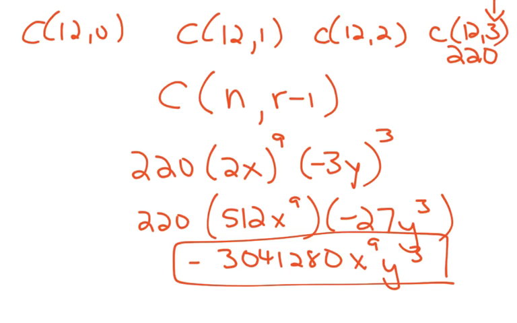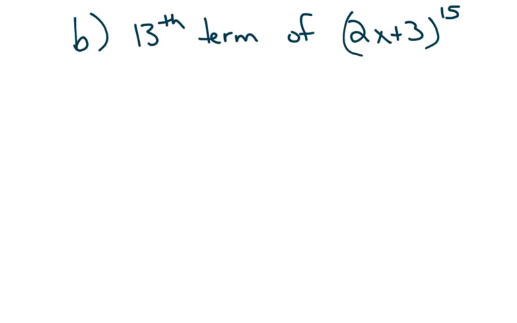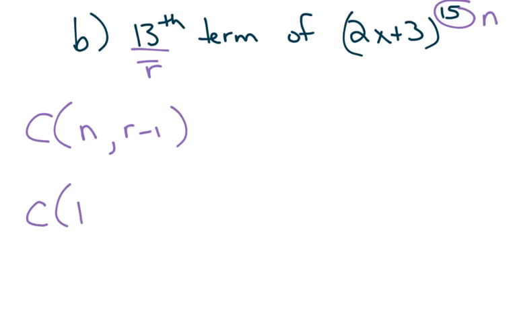Let's try this again. Let's find the 13th term of the expansion of 2x plus 3 to the 15th power. I said that the coefficient of the 13th term, this is r, this is n, so C n, r minus 1. So the coefficient is going to be 15 comma 12.